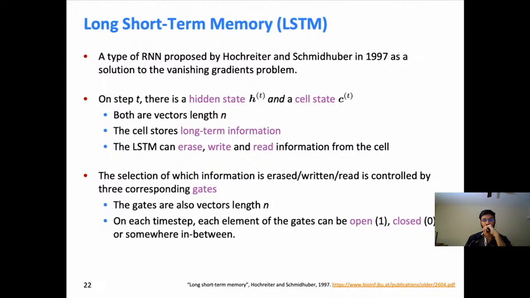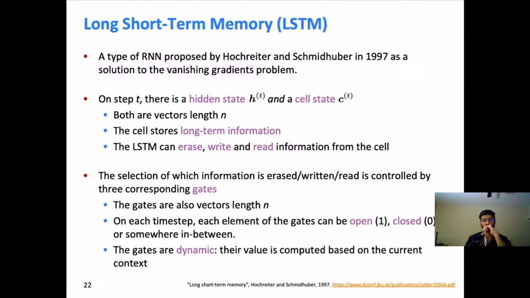The overall idea, which we're going to firm up on the next slide, is that if the gate is open, information is passed through, and if the gate is closed, information does not pass through. The last really important thing is that the gates are dynamic. They're not set at some constant value for the whole sequence. They're different on each time step t, and their value, that is, the decision of whether they're open or closed and in which ways, is computed based on the current context.